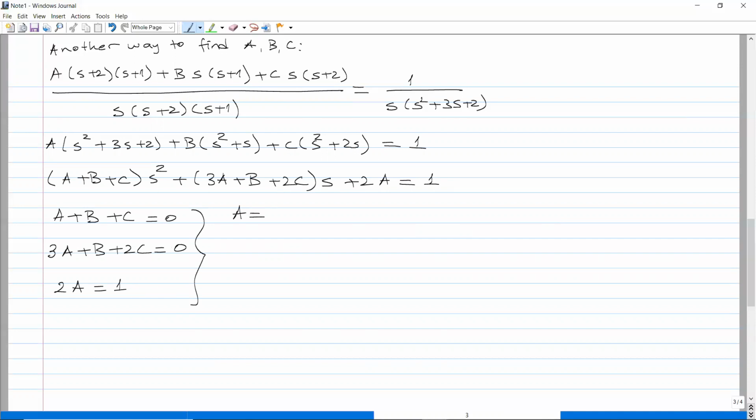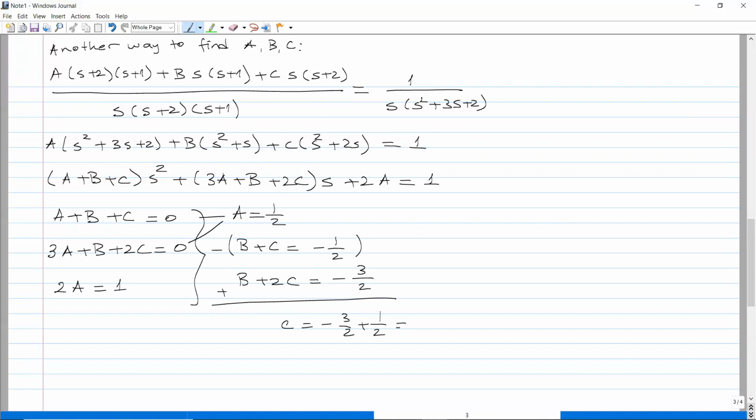So from the last equation, we have A equals 1/2. If we substitute it into the other two equations, B plus C is minus 1/2, and B plus 2C is minus 3/2. So if we subtract the first equation from the second equation, B minus B is 0, 2C minus C is C, minus 3/2 plus 1/2 is minus 1.